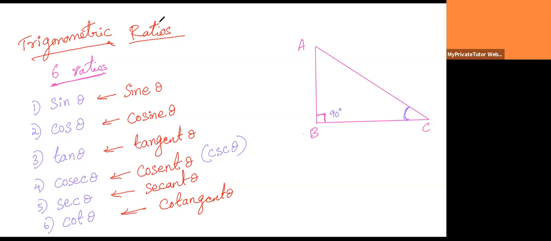Okay, let's try to learn quickly how to find the ratios. Let's say this is a triangle, guys. This is a right angle triangle, and let's say this is the angle we are going to concentrate on. So this is the angle we are going to use. Let's assume this is theta, guys.